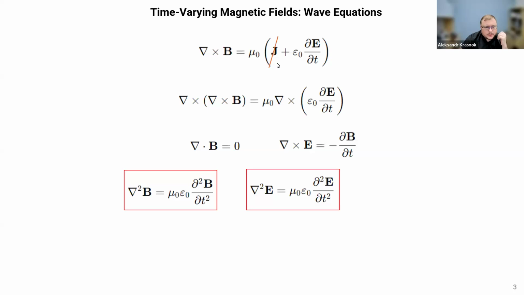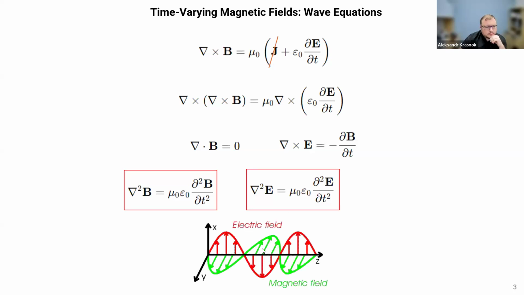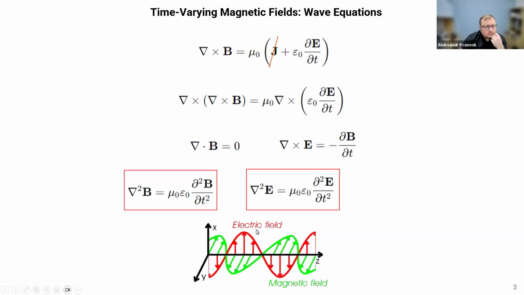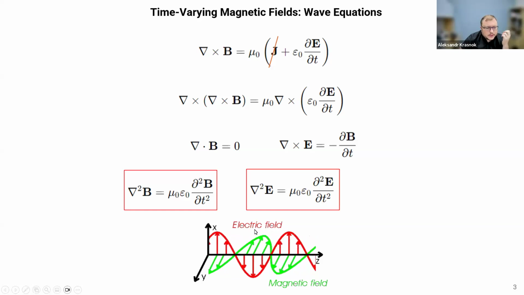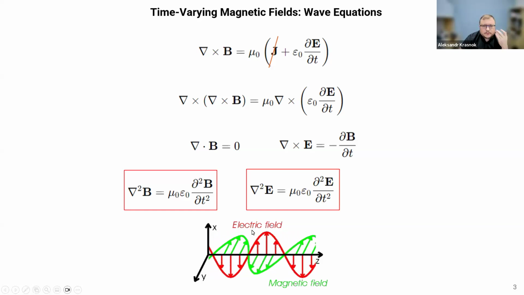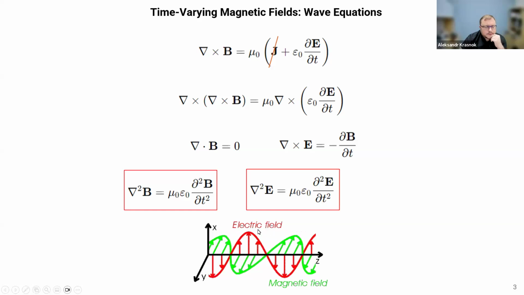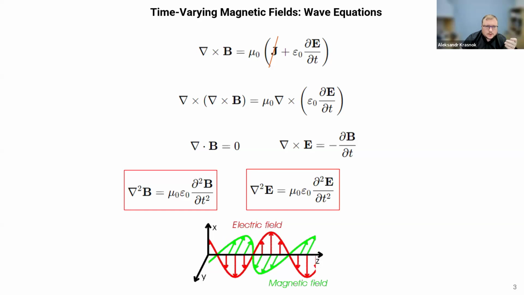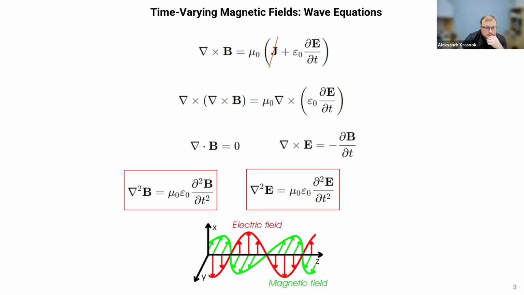So we prove that electromagnetic fields can exist in space, in nature, even without charges, in the form of electromagnetic wave radiation.